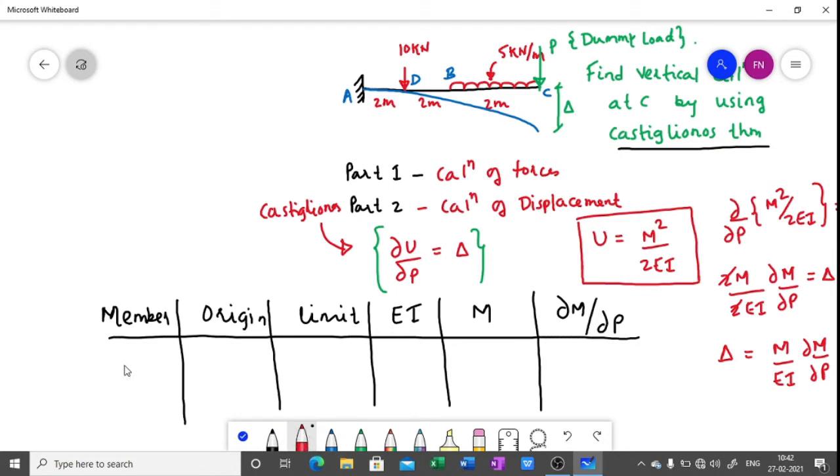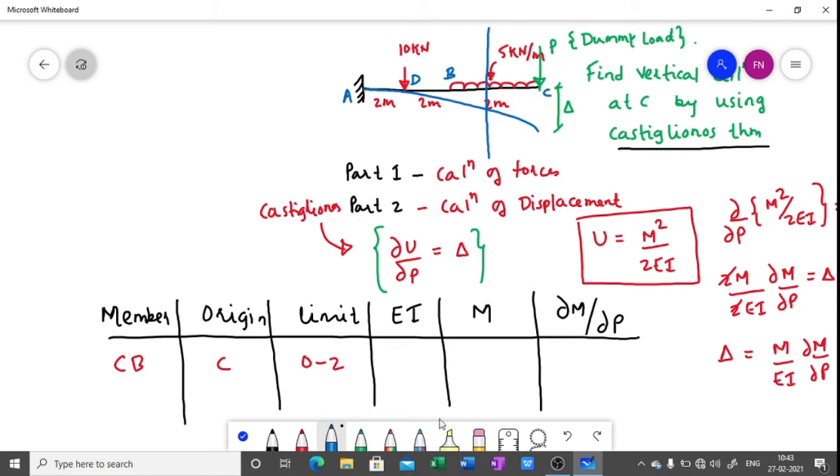So the first member here is CB. I will take origin C. In that case, limit will be 0 to 2. Since I have taken member CB, I have to take a section in member CB.